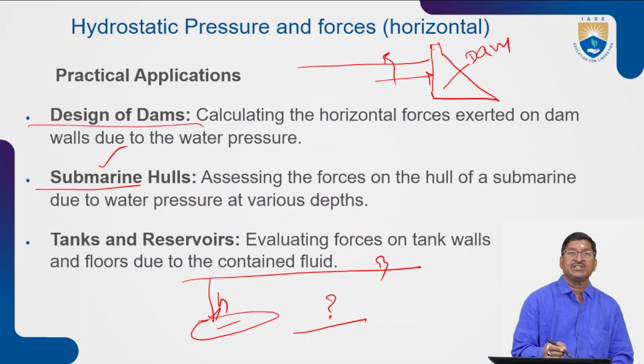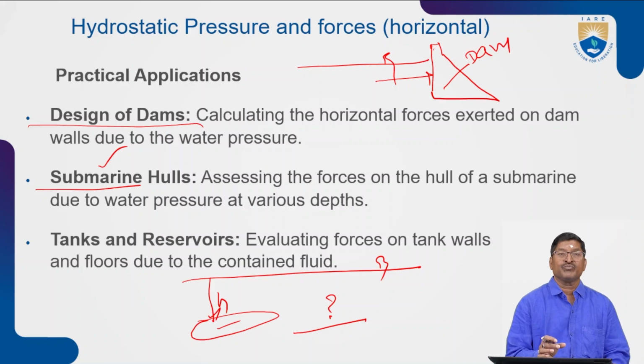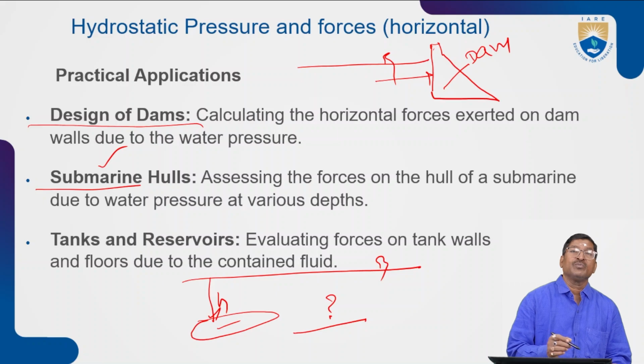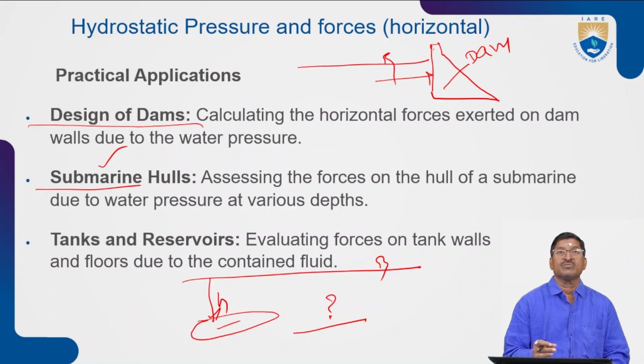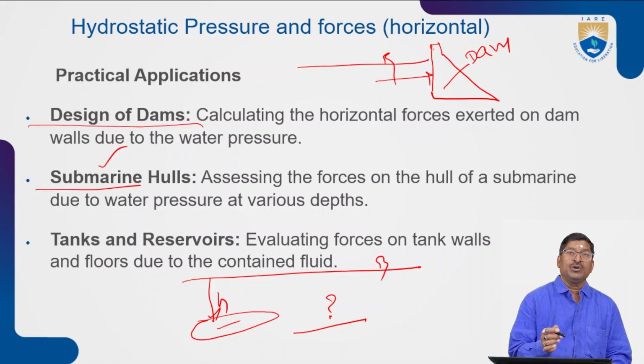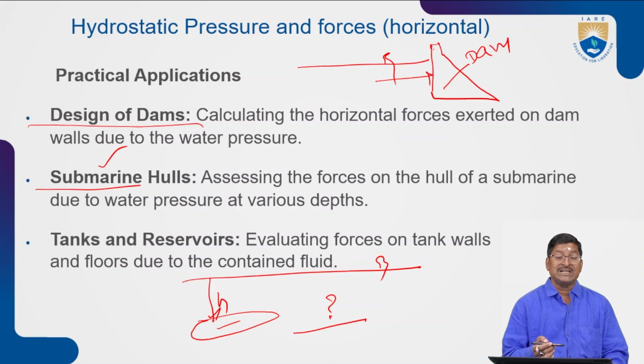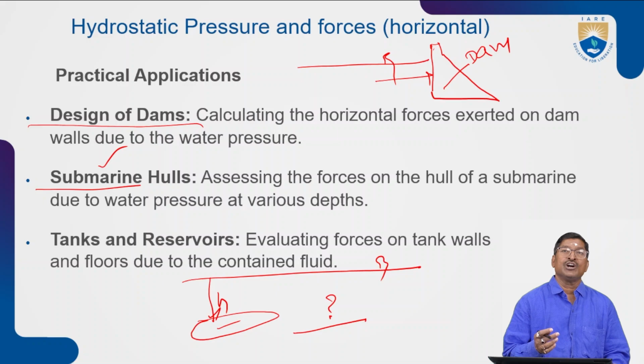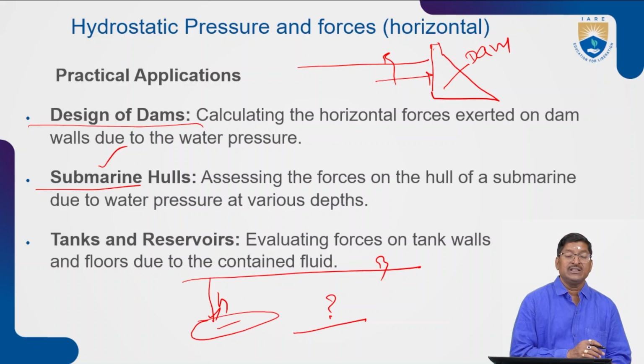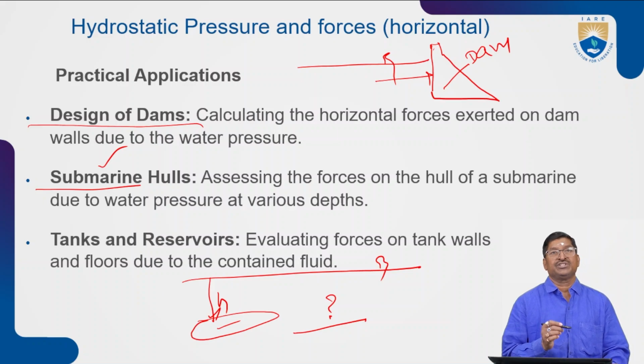If it is designed for a particular pressure and you allow it to go deeper and deeper into the ocean, what will happen? The submarine will fail, it will be damaged. That's why before designing the submarine, we have to know the depth at which it will travel. Only then can we design the submarine. So this is another application of hydrostatic pressure.